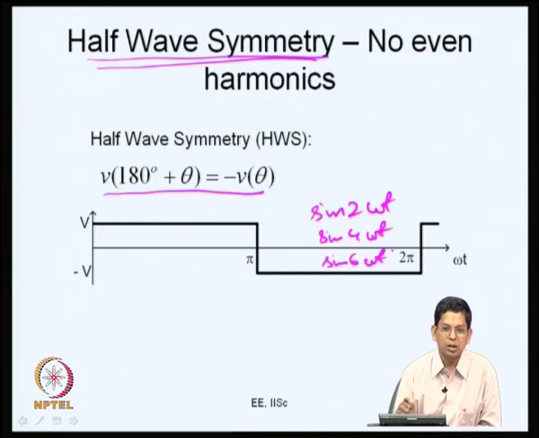So, it has no even harmonics. The significance of half wave symmetry is that whenever a waveform satisfies the condition V of 180 plus theta is equal to minus V of theta, you have no even harmonics present.